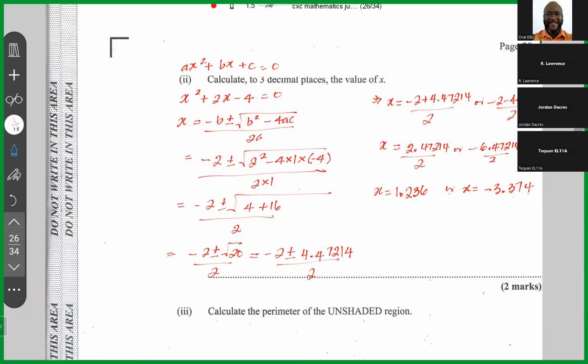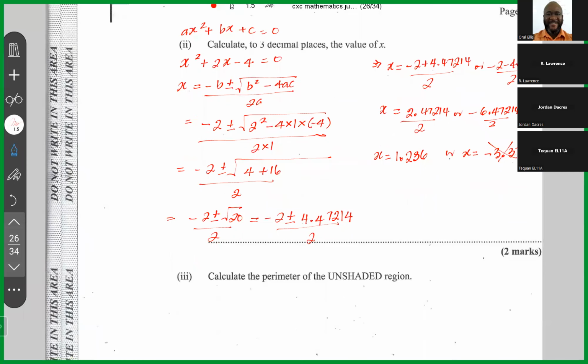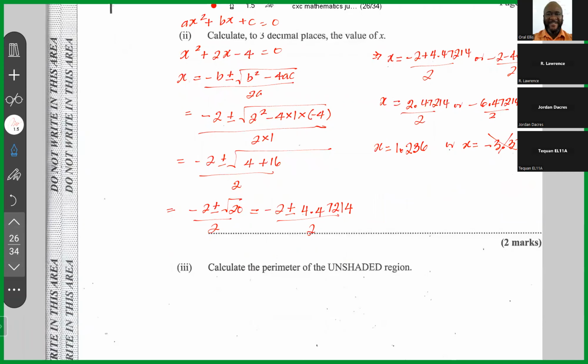I think we're definitely rejecting this answer. So x is going to be 1.236. Next, we're asked to calculate the perimeter of the shaded region.